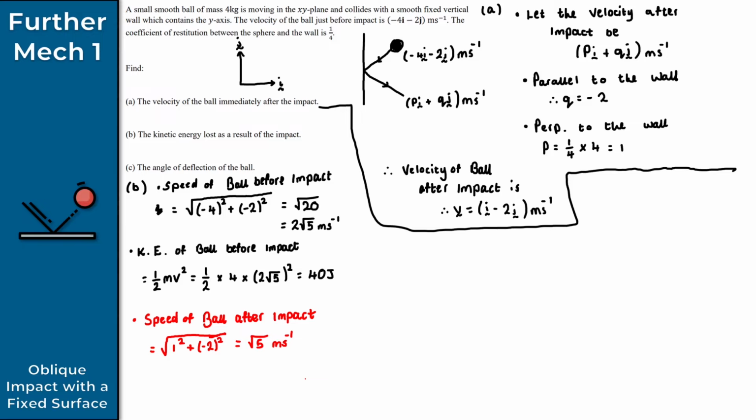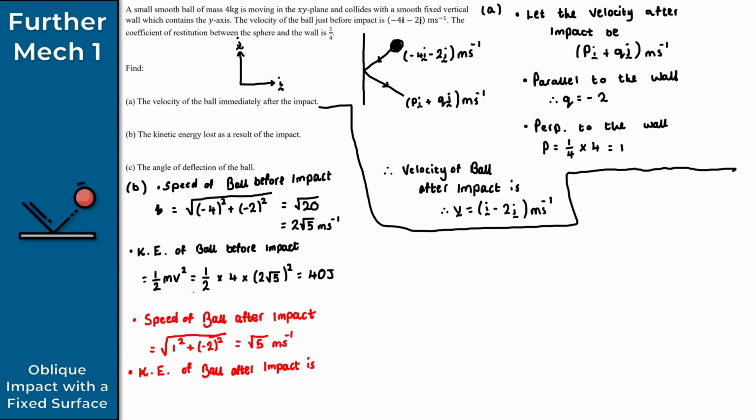Perfect. And now, again, just repeating this process here. Let's just now find the kinetic energy of the ball after the impact. So just do that at the very bottom here. So kinetic energy, again, I'm going to abbreviate this here, of the ball after impact is, so what would that be?